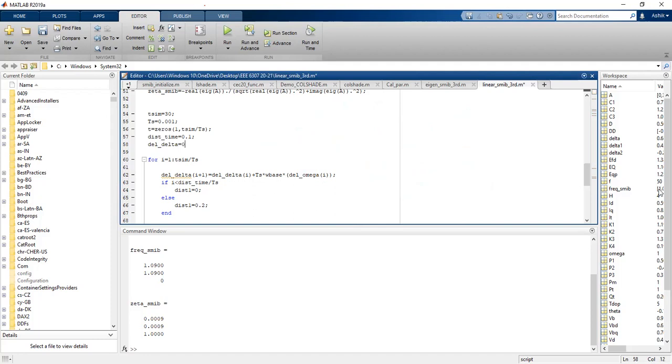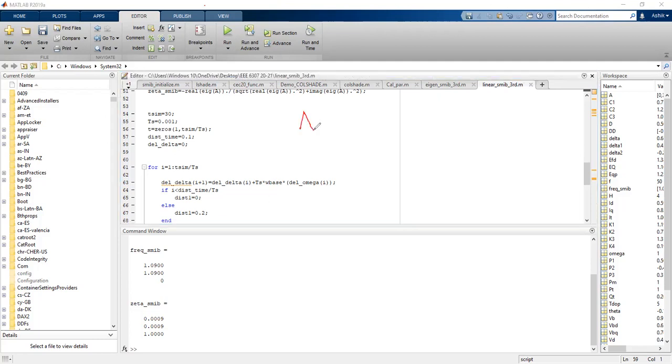And that is actually true for any linearized model, for any dynamic system. Whenever you linearize, you simply can take the initial values of the deviation variables. Remember, we also call them deviation variables. The delta variables here are deviation variables.